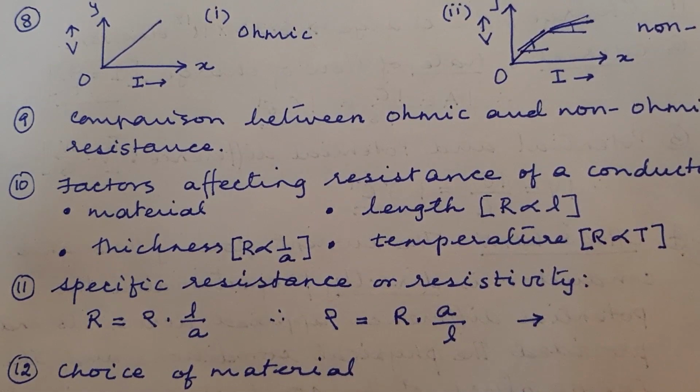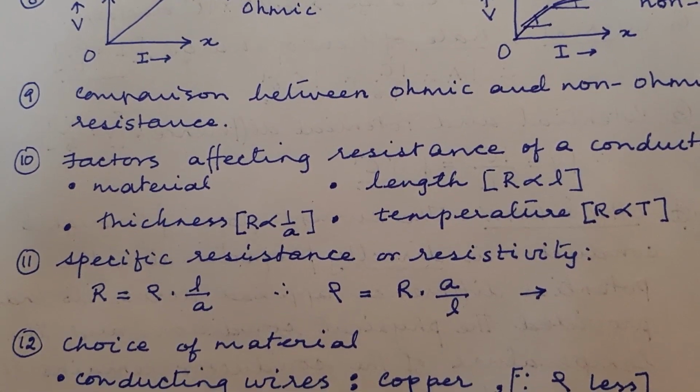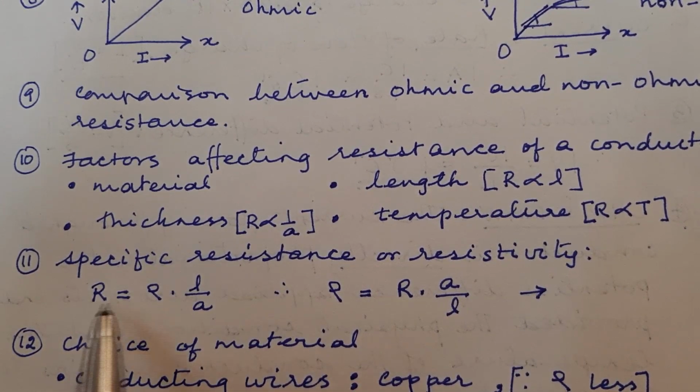Now we come to number 11, which is specific resistance or resistivity. Your formula is resistance directly proportional to length, inversely proportional to the area of cross section. And so we have the constant of proportionality. This rho is the specific resistance or resistivity.